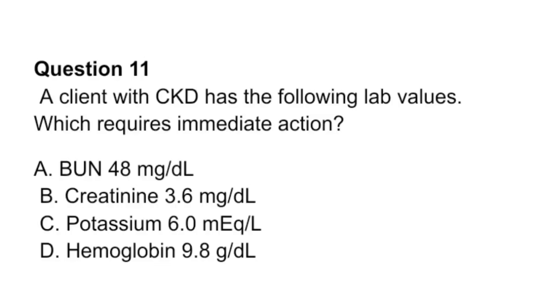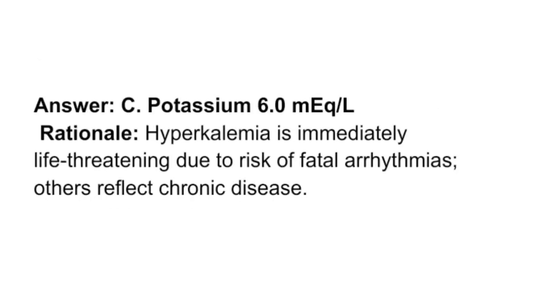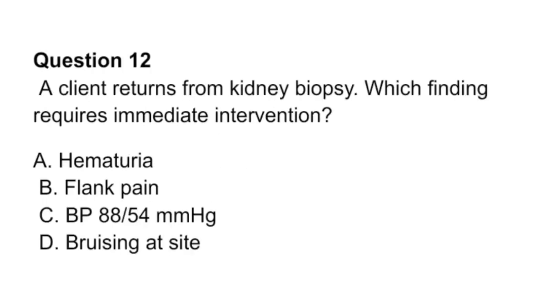D. Hemoglobin 9.8 grams per deciliter. Answer: C. Potassium 6.0 milliequivalents per liter. Rationale: hyperkalemia is immediately life-threatening due to risk of fatal arrhythmias. Others reflect chronic disease.